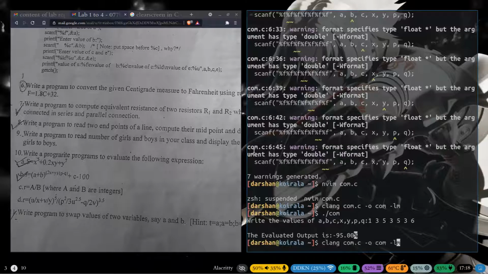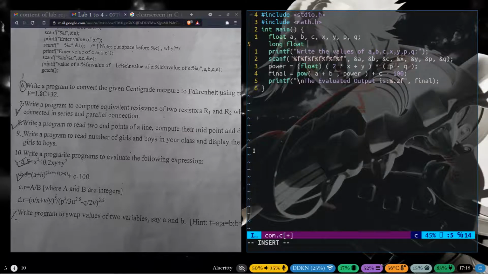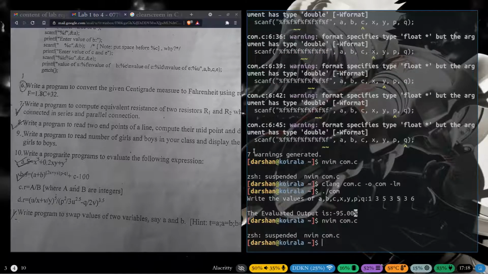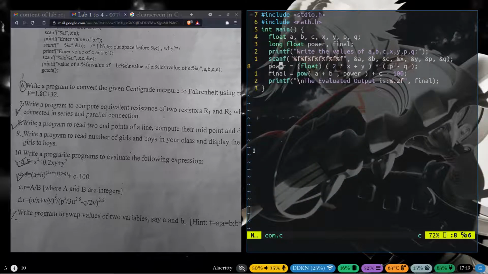Okay, I think long left. I think double is a better one.